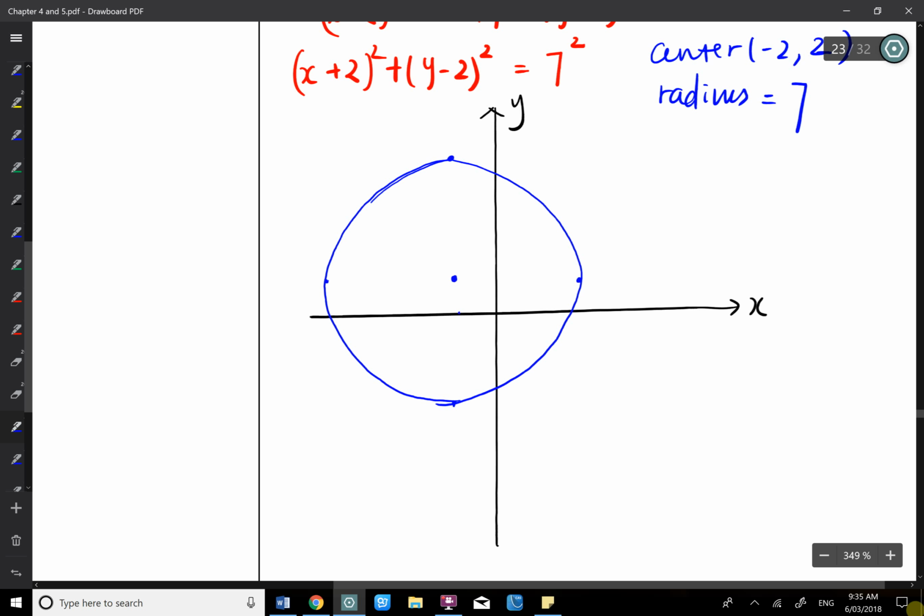This is the circle: negative 2, 2, and adding 7 we have 9. And here we have negative 2 minus 7, which is minus 5. And then plus 7 on that side is 5, 2. And then minus 9, 2.